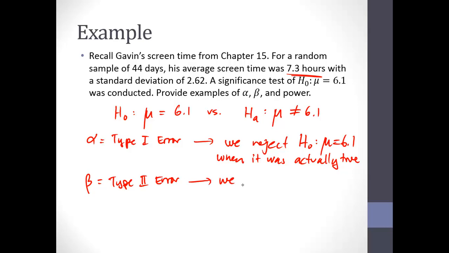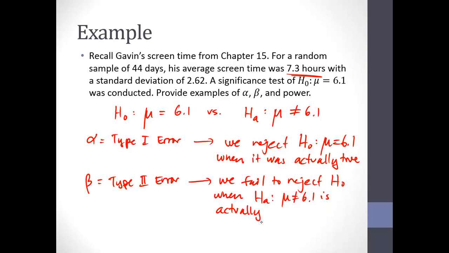That means that we fail to reject the null hypothesis when the alternative, that mu is not equal to 6.1, is actually true. So that's labeling the two errors that we could possibly make.